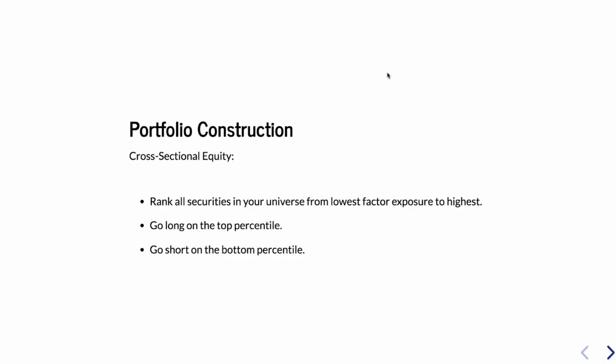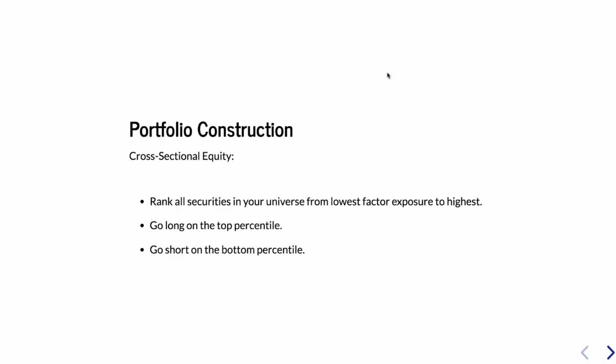If I'm breaking up into different quantiles, typically you use like 5 quantiles, then you would go long on the 20% that have the highest exposure, and short on the stuff that has the lowest exposure, that bottom 20%. And ideally, we're going to have a very high positive return in that top basket and a very low negative return in that short basket.